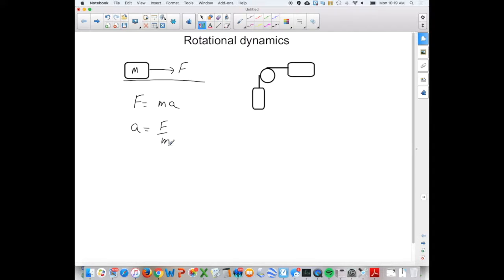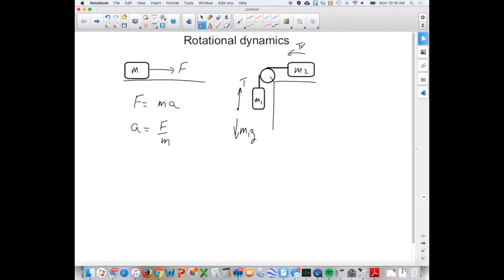The next level of review would be, imagine I've got a pulley, I've got an M1, an M2, and I release this thing, and I want to know what the acceleration is. As per usual, first step is a free body diagram: tension up, M1G down, tension in this direction.